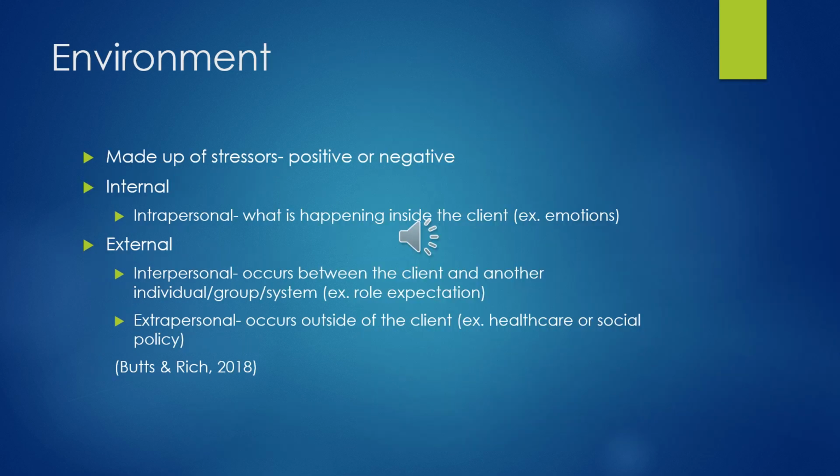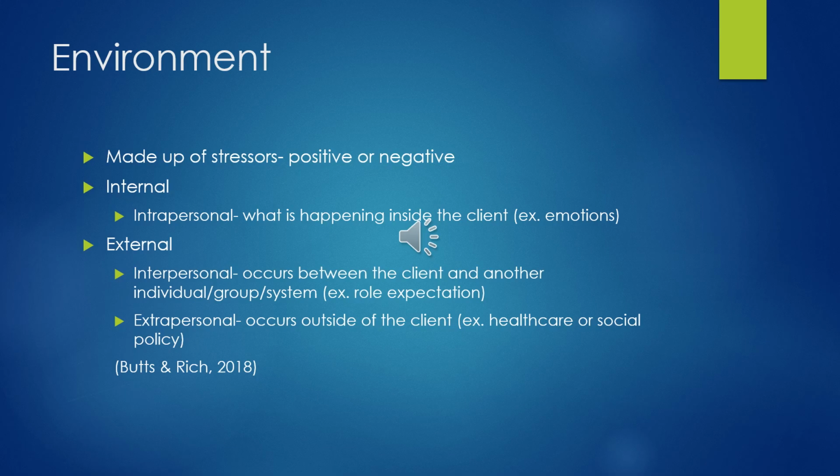The environment is all the internal and external factors around the client or system. It is made up of stressors, and these can be both positive or negative depending on the situation. Internal environment is made up of intrapersonal stressors or what is going on inside the client, for example, emotions.